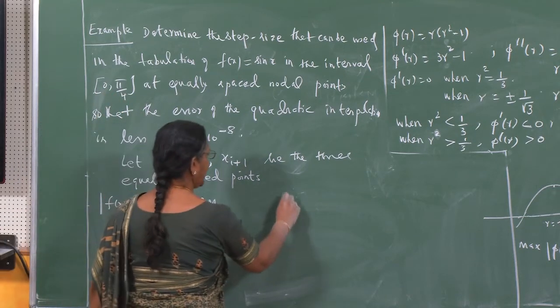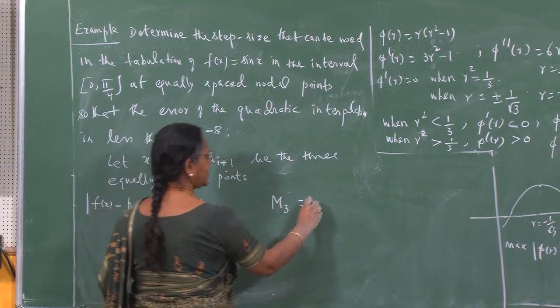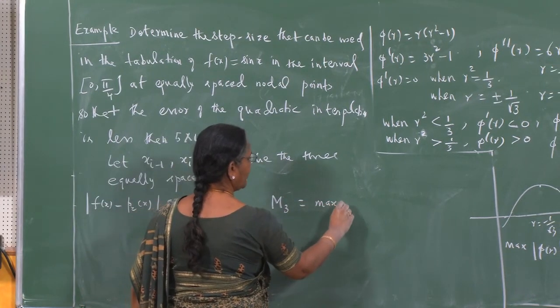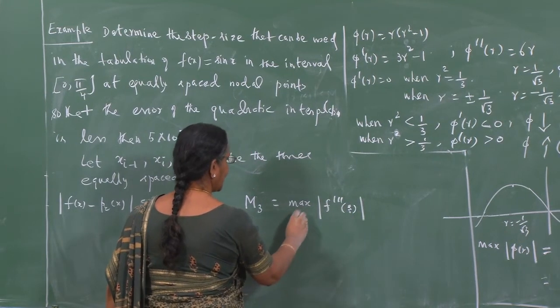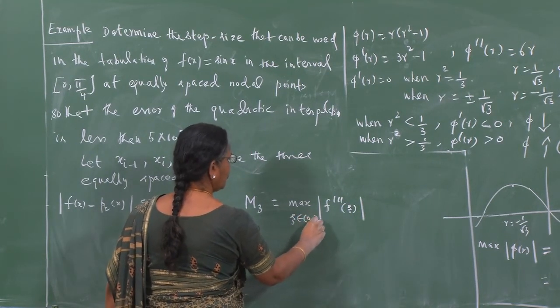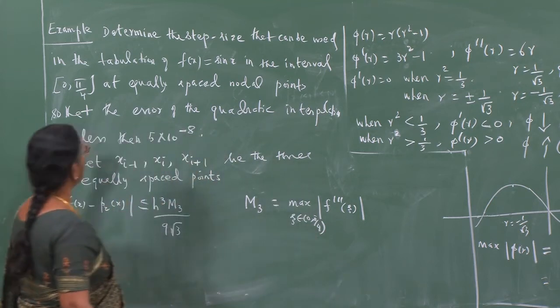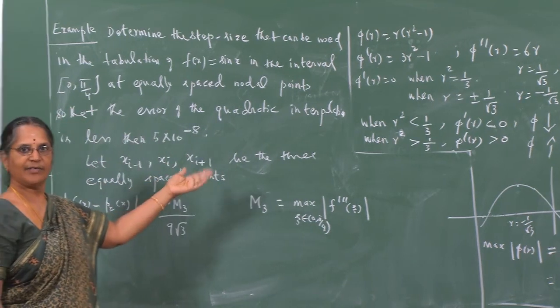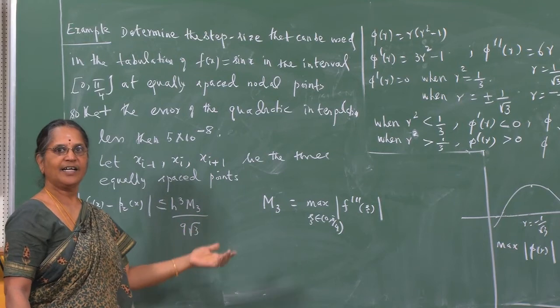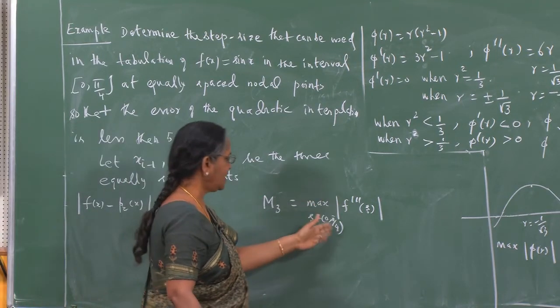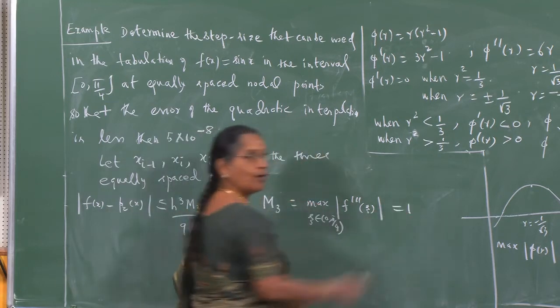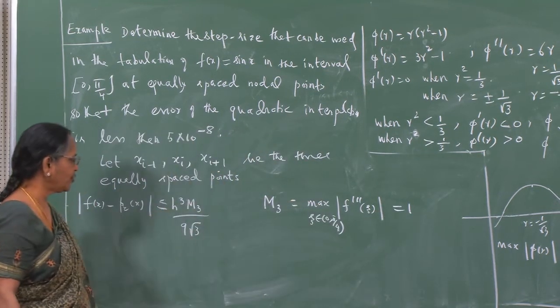So M3 can be determined, and that is the maximum of the modulus of f triple dashed of psi for psi in the interval 0 to pi by 4. The first derivative is cos x, the second derivative is minus sin x, the third derivative is minus cos x, and the maximum of that in this interval is going to be 1. So M3 is known.